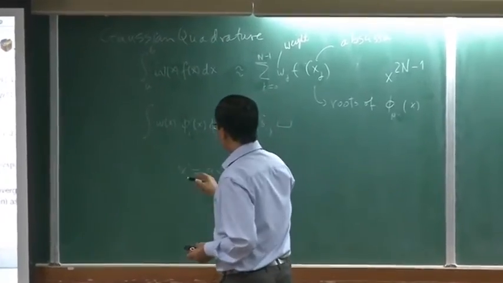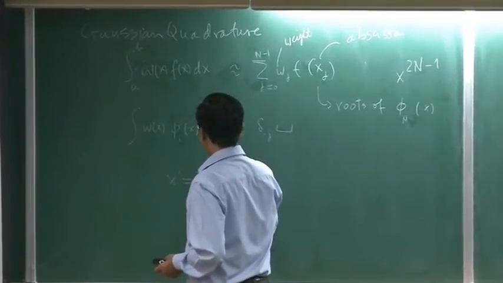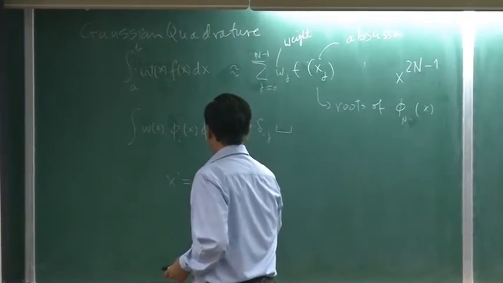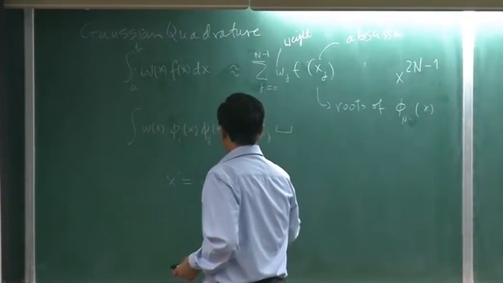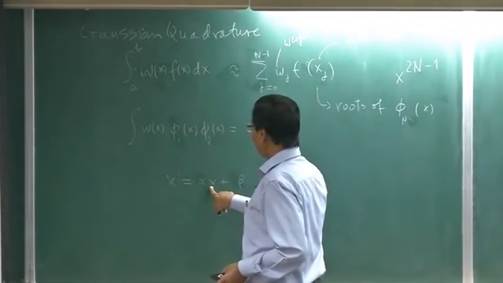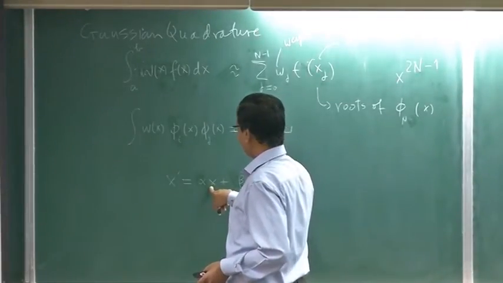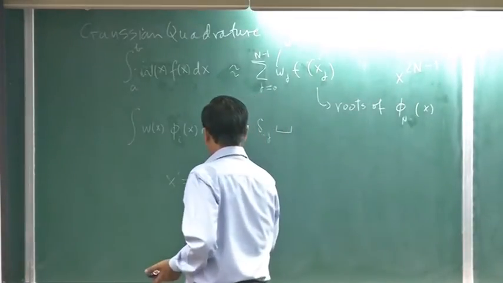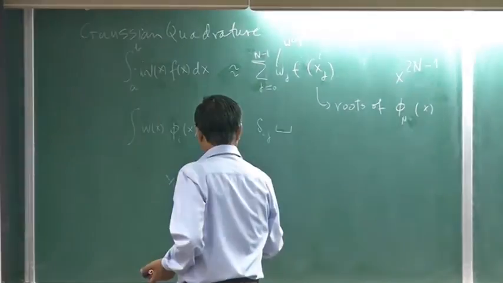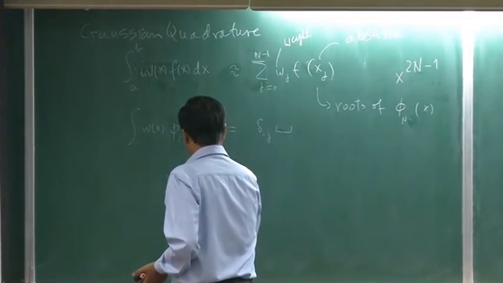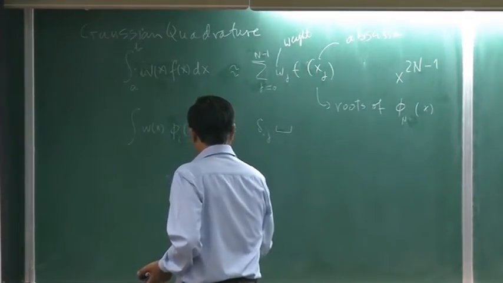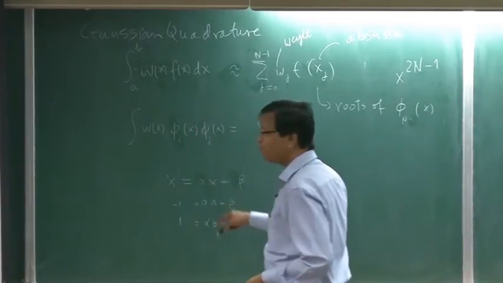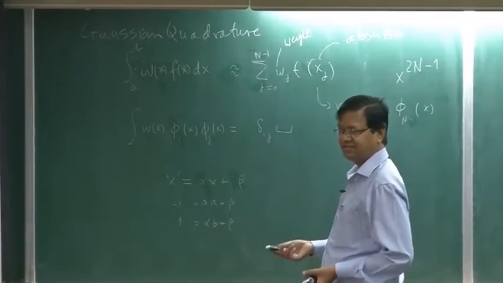I will demand that when x equal to a, x prime is minus 1, and x equal to b gives you 1. So I can compute alpha and beta easily.